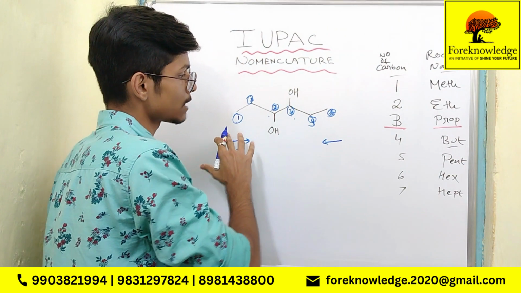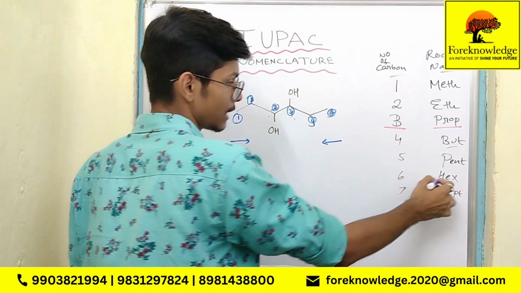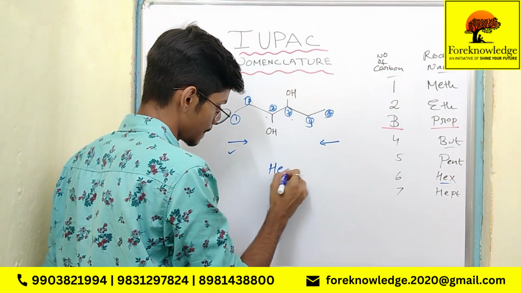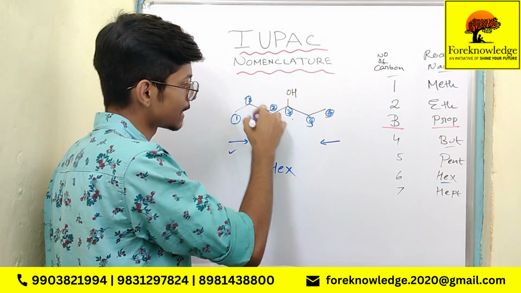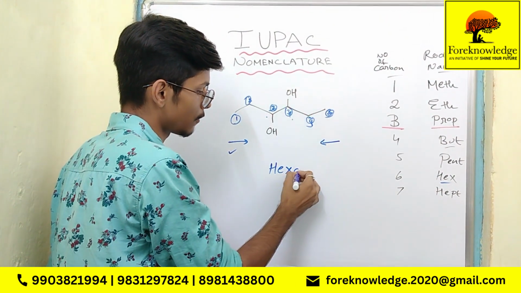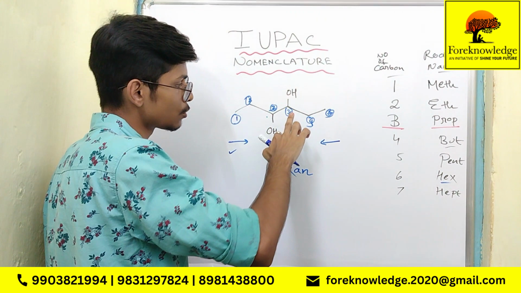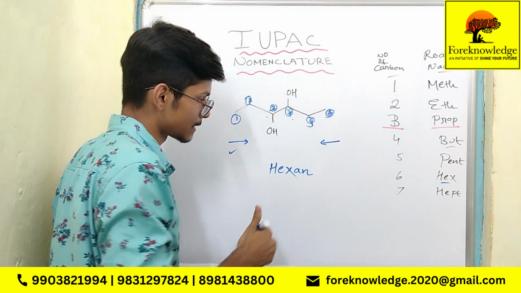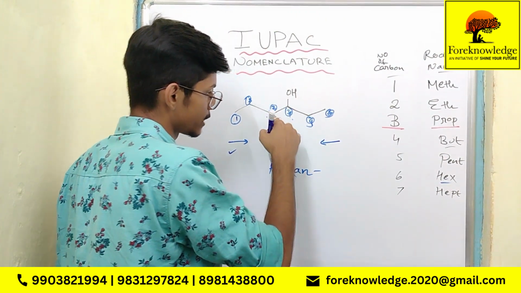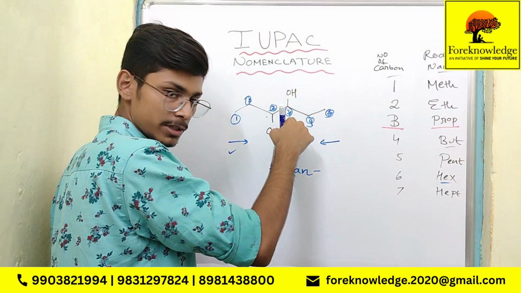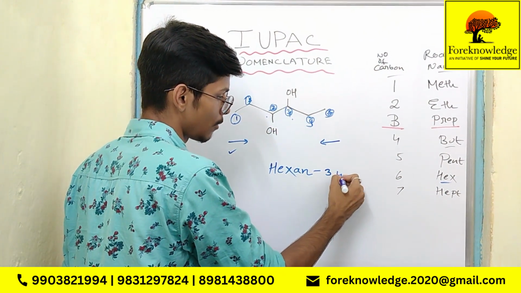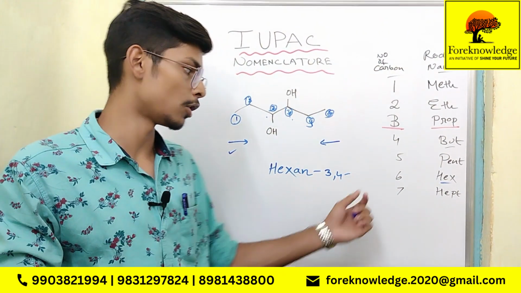So here a total of 6 carbons are present. Therefore, it will be hex. As all single bonds are present between the carbons, therefore "an". And as 2 OH groups are present at the third and fourth positions, we'll write 3, 4. Now what will we write, only "ol"?